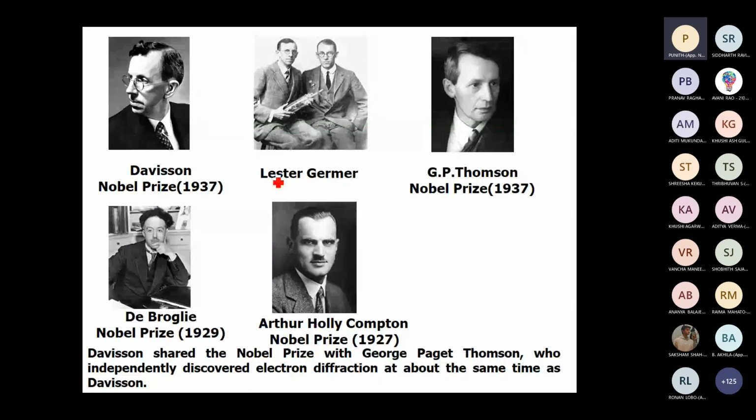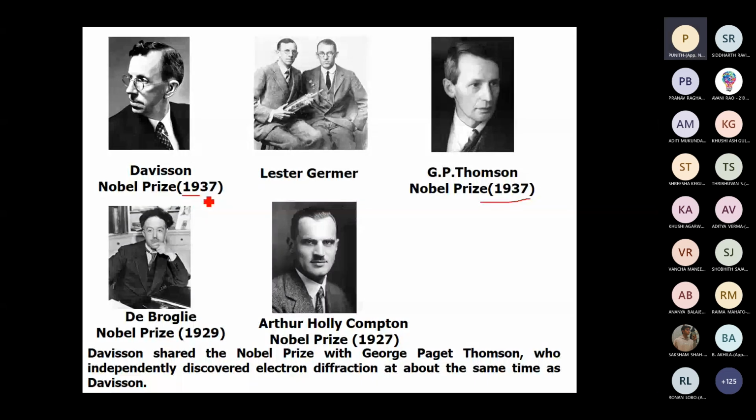These two, in fact, shared the Nobel Prize, Davisson and G.P. Thomson, not Germer, in the year 1937. De Broglie, as mentioned earlier, was awarded the Nobel Prize for his hypothesis in the year 1929, and Arthur Compton was awarded the Nobel Prize in the year 1927.